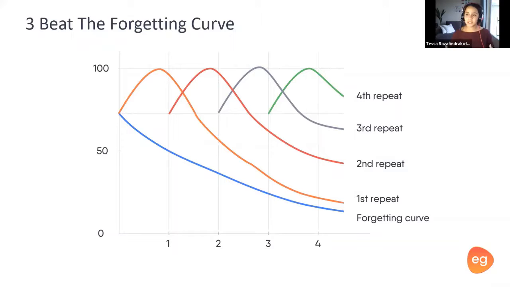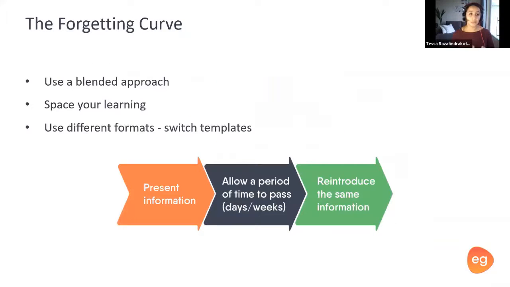Now, in addition to implementing repetition within your course, it's also worth considering implementing repetition beyond your course. So, for example, you can present your information in one way, for example, with an e-learning. And then after a period of time, that's what we call the spacing of learning, you can reintroduce the same information in a different format.